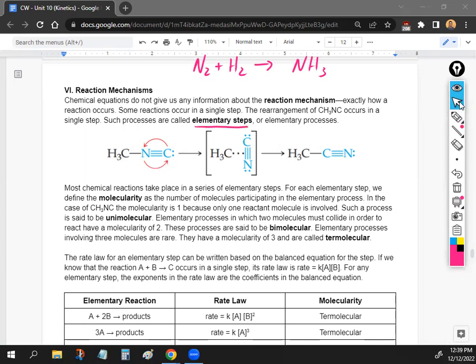An elementary step is basically what happens in the actual reaction in one step. It's basically the most basic thing the molecules have to do in order for a reaction to take place.